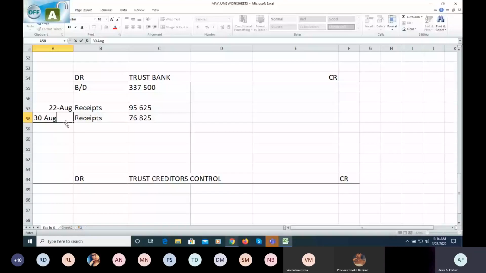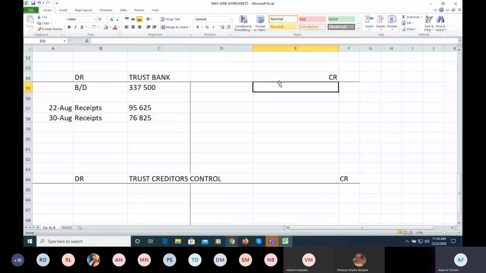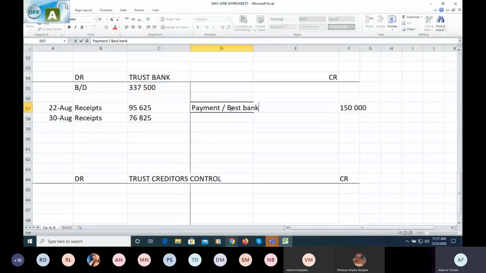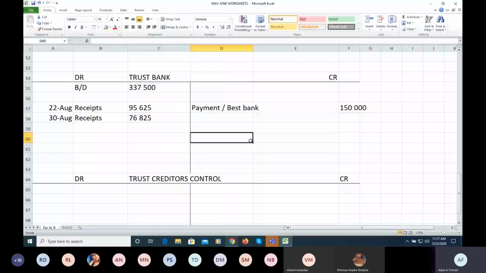Let's look at our payments on the slide. Our payments consisted of, on day 1, 150,000, and that was for Morgan's attorneys from Best Bank. Let's just put in a slash Best Bank. Then on day 3, Mo requested Morgan to invest the amount in his trust account in a special savings.